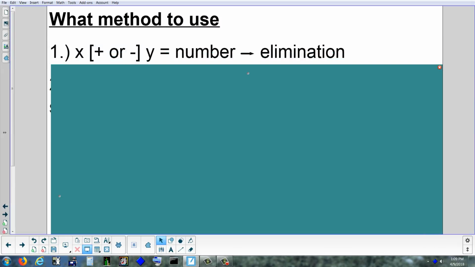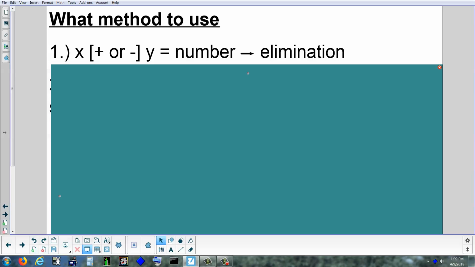So we talked about, like Savannah told me, x plus or minus y equals a number. If we have that set up, like I think it was the second example we looked at after we did the basic arithmetic, if we had something like this, that means I want to use elimination.